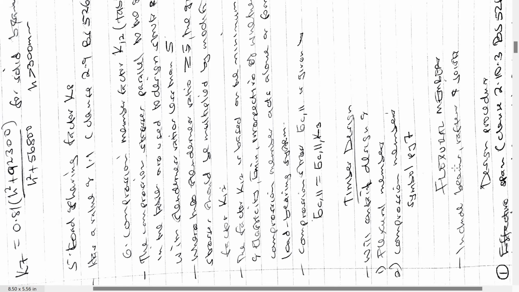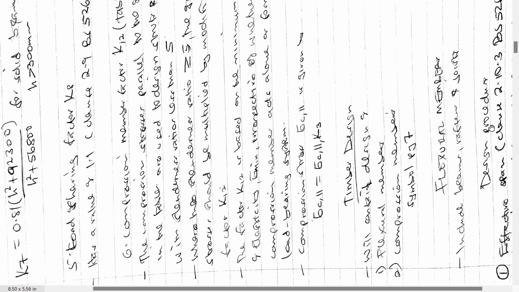So let's look at flexural members. They include beams, rafters, and joists. Remember, we know beams. These are horizontal members. We know rafters are slanting members, inclined. Then joists are maybe secondary beams, beams which transfer load to other beams.